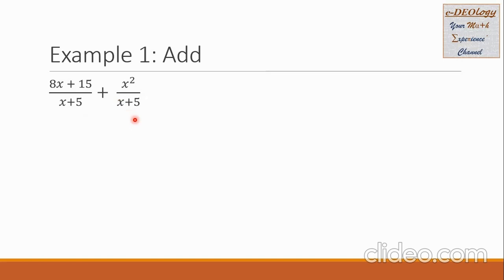We can see that our denominators are common, so we can add the numerators. So we have now 8x plus 15 plus the second numerator x squared all over the common denominator x plus 5.